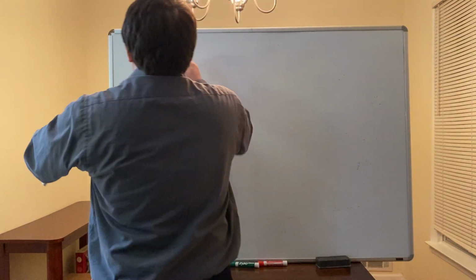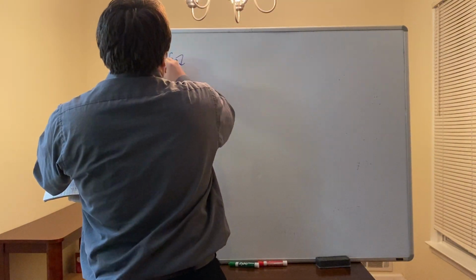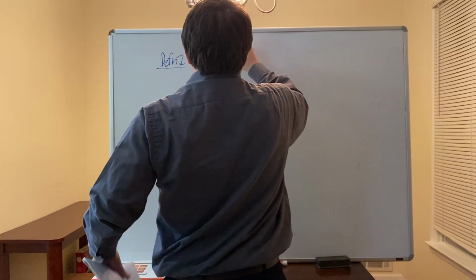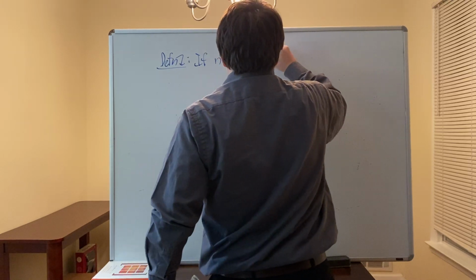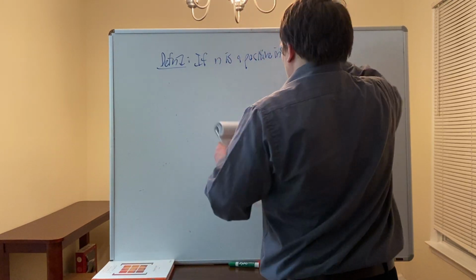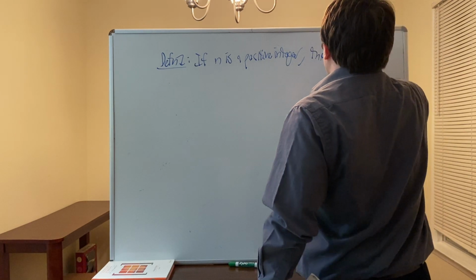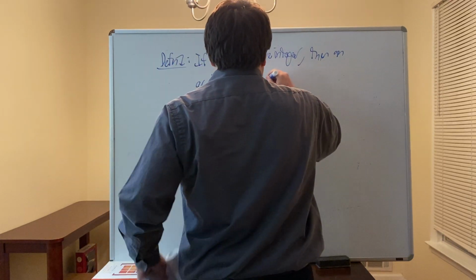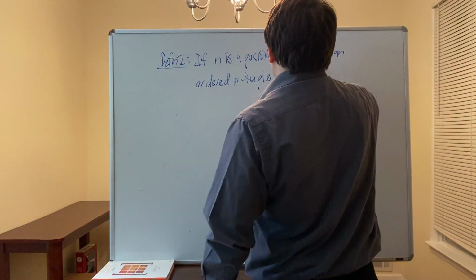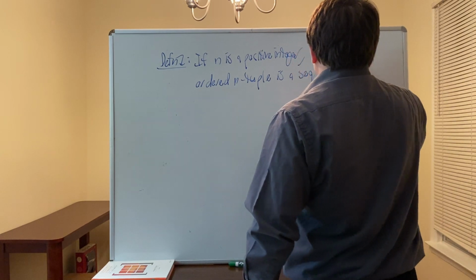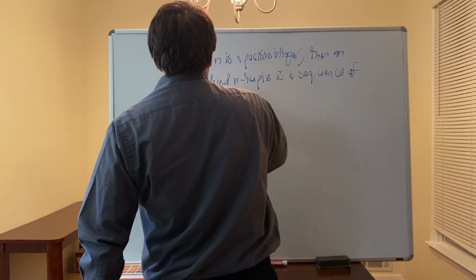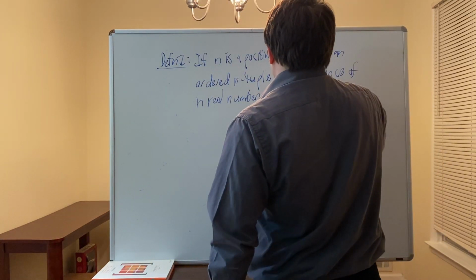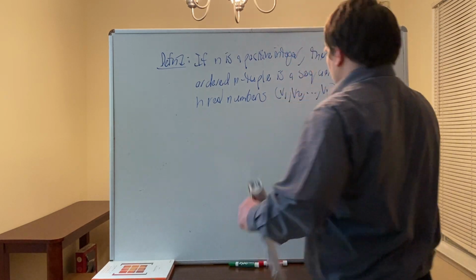Okay, so now another definition. The book is calling it definition 1. If n is a positive integer, then an ordered n tuple is a sequence of n real numbers v1, comma v2, comma dot dot dot, comma vn.